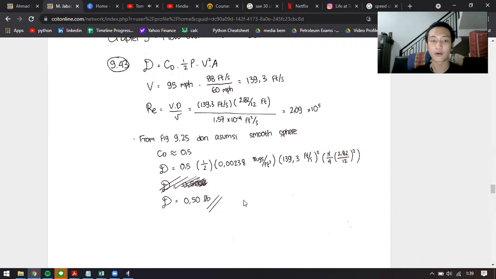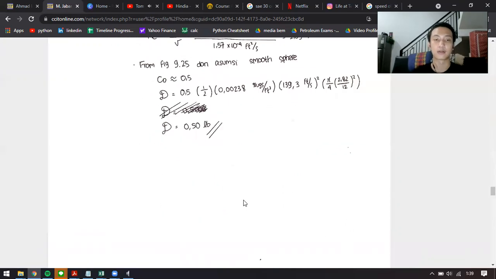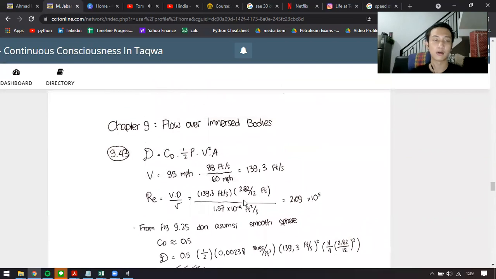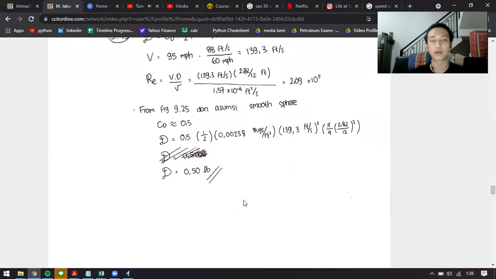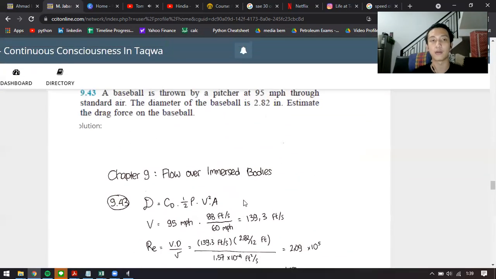Then we get a drag force of 0.5 pound. So that is how to calculate the drag force of the baseball thrown by a pitcher.